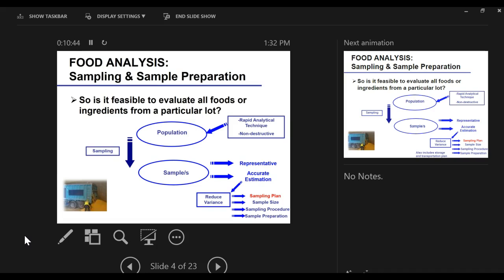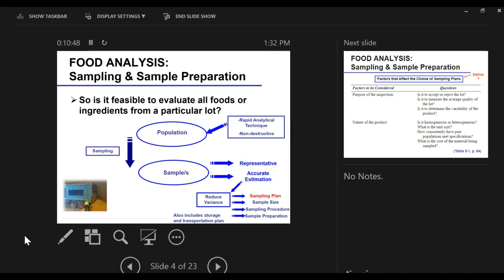The sampling plan also includes a storage plan and a transportation plan. How are we going to store the samples? So you took the samples, prepared them for analysis, but you're not going to measure today. You spent the whole day sampling. You're going to measure tomorrow. So under what conditions am I going to store my samples? Do I need to preserve them from light?